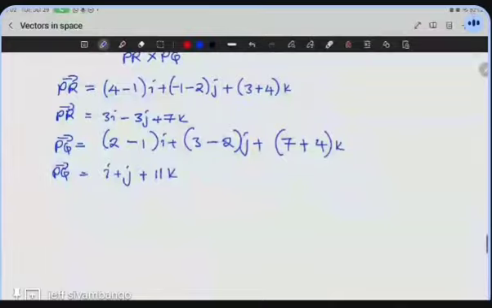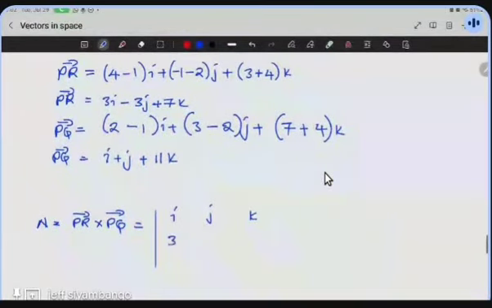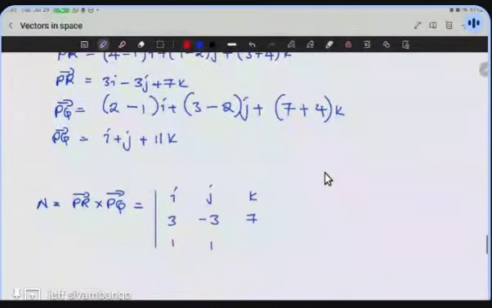Now let's get the cross product. So we saw that a vector perpendicular to what we're looking for will be obtained by the cross product, PR cross PQ. To obtain the cross product, we'll use the determinant method. i, j, k. So from PR, we have 3, minus 3, 7. From PQ, 1, 1, 11.